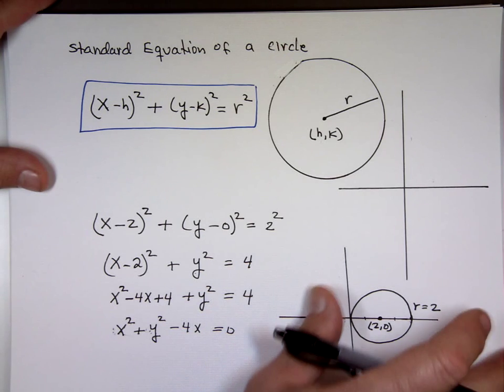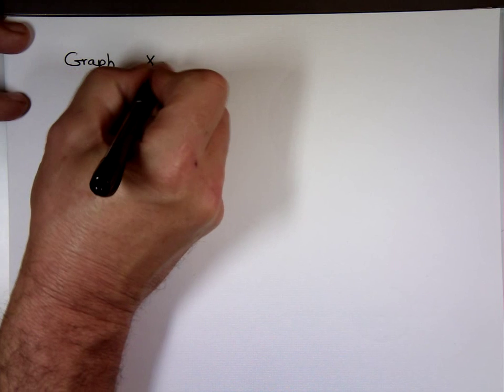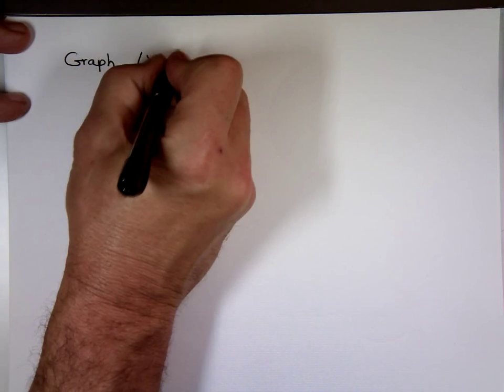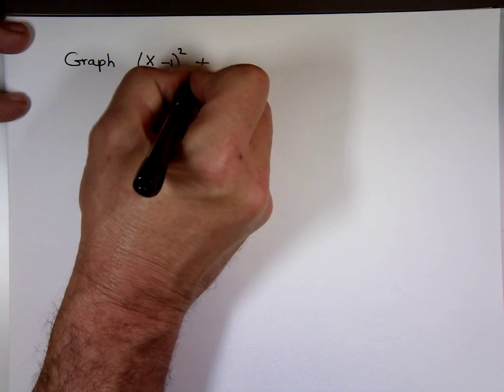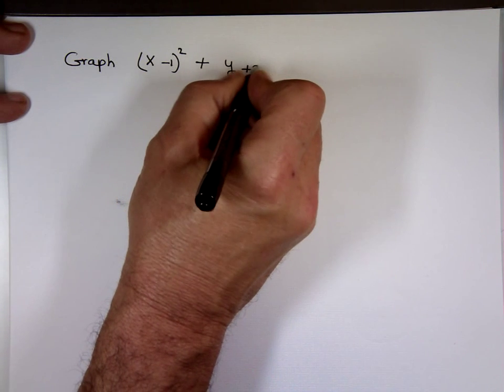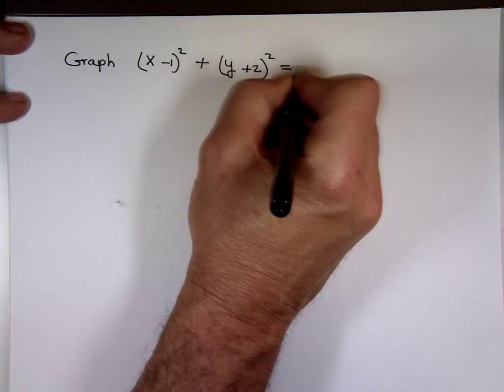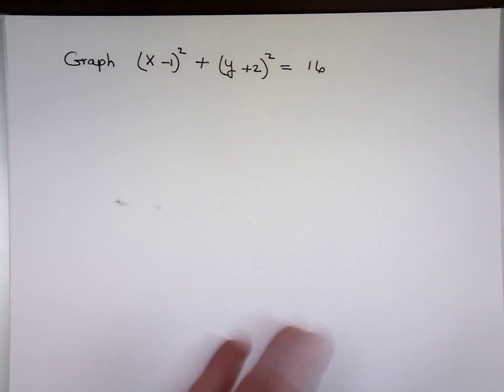Here we go. Can you graph (x minus 1) squared plus (y plus 2) squared equals to what? 16. Can you show me what the graph of that looks like?